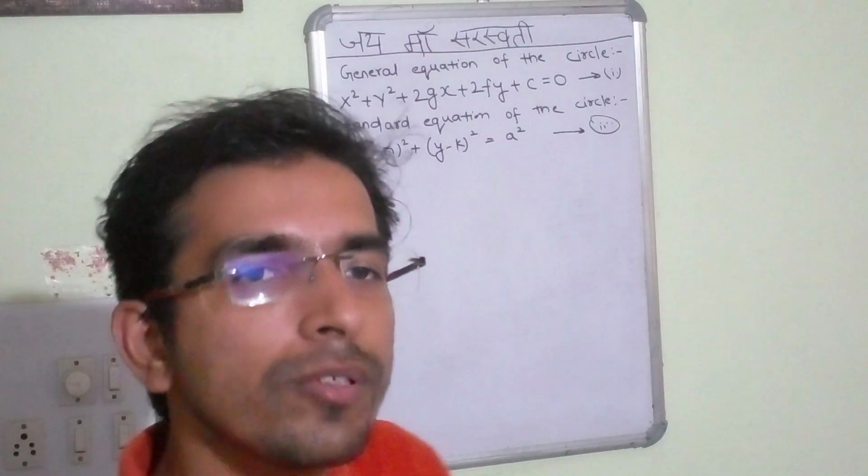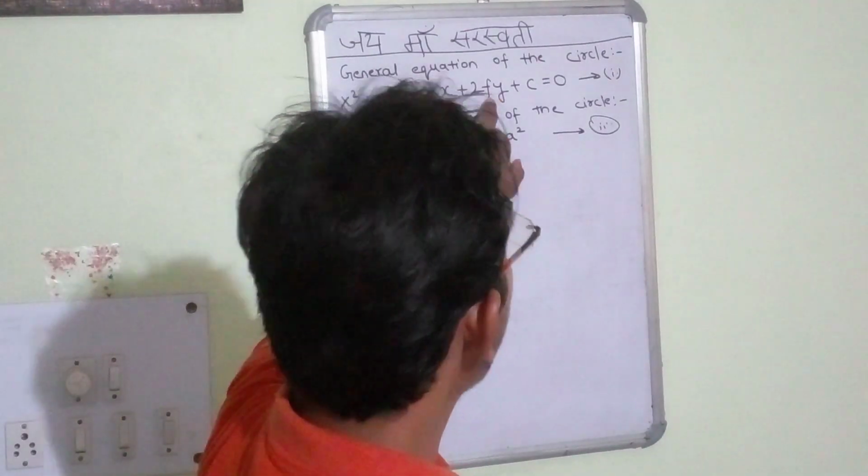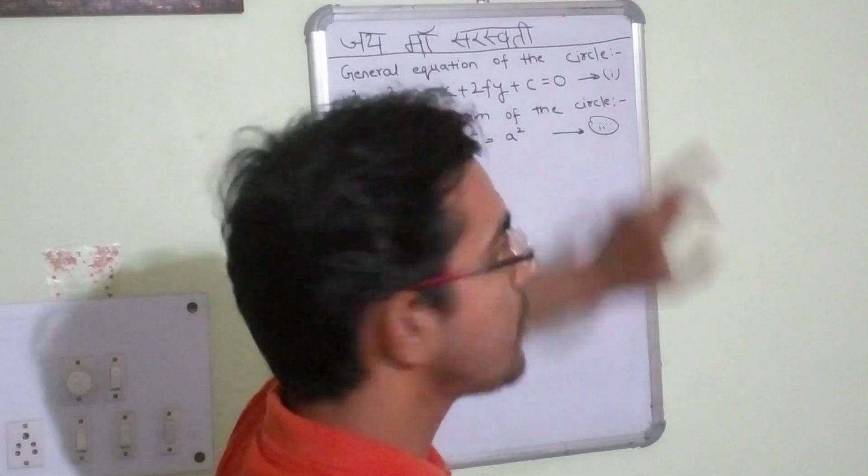The general equation of the circle takes the form of the standard equation of the circle only, but with different nomenclature, and we define the general equation of the circle in this way: x square plus y square plus 2gx plus 2fy plus c is equal to 0.